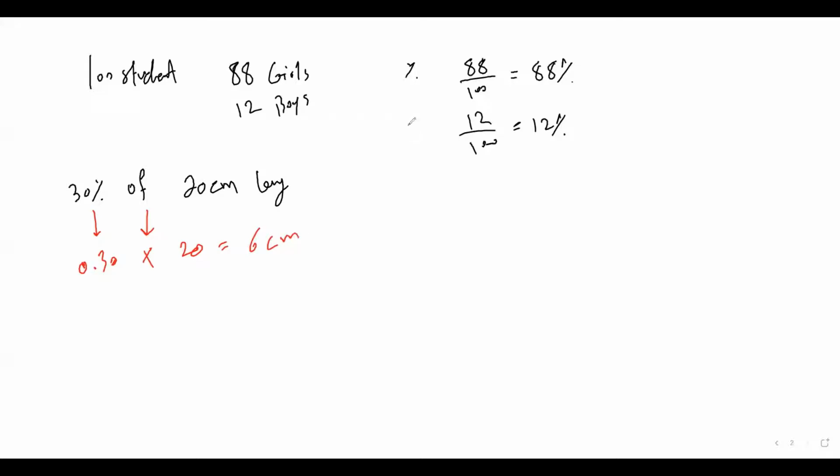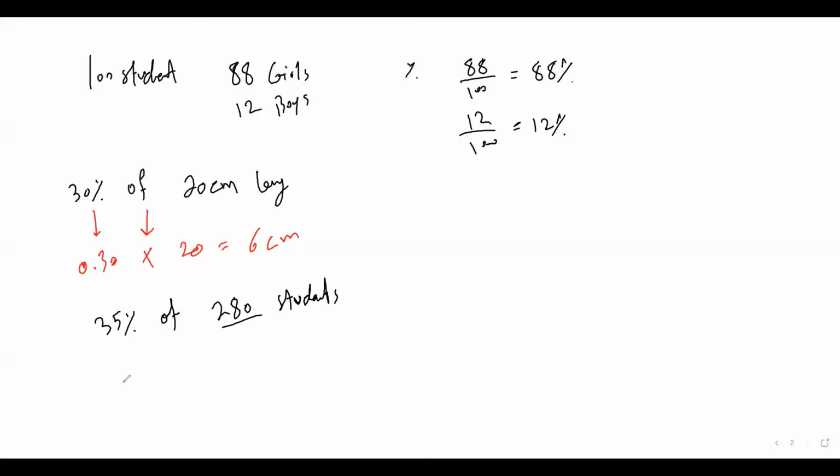Or maybe they ask you what is 35% of 280 students, so how many students is that? For example, they say 35% of the students in this class, they passed the exam. The total number of students is 280. So how many students they passed?